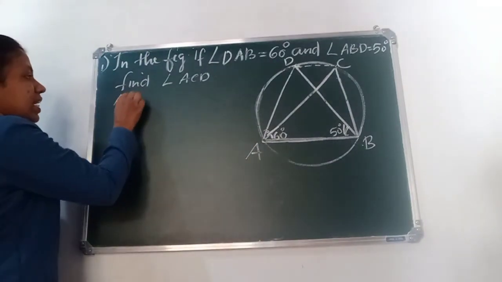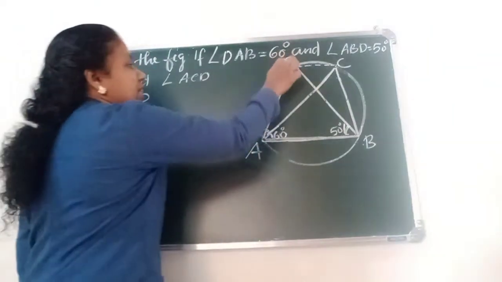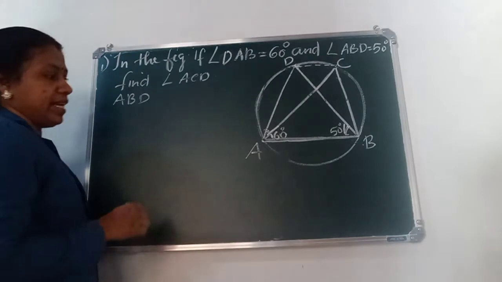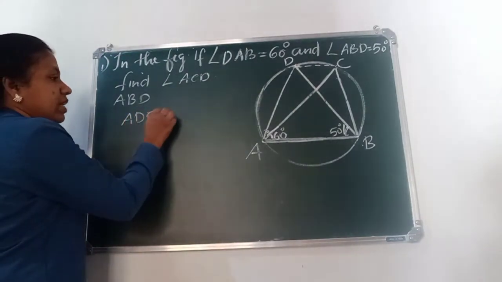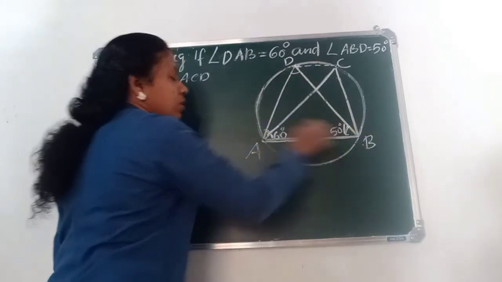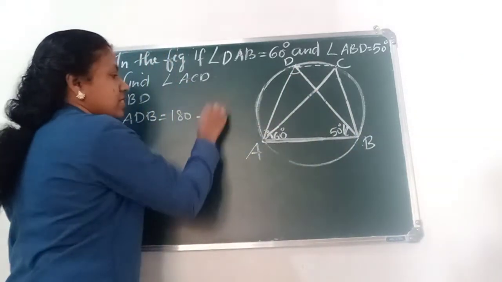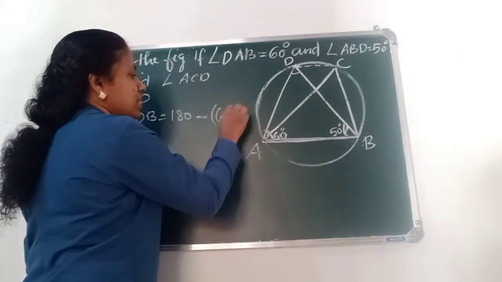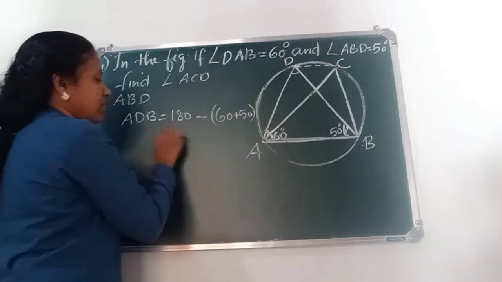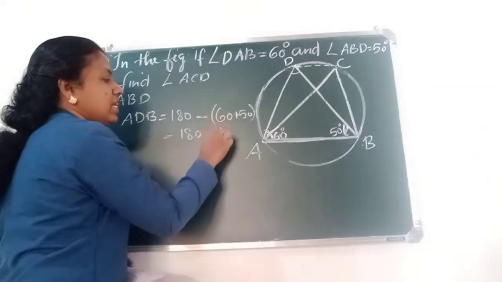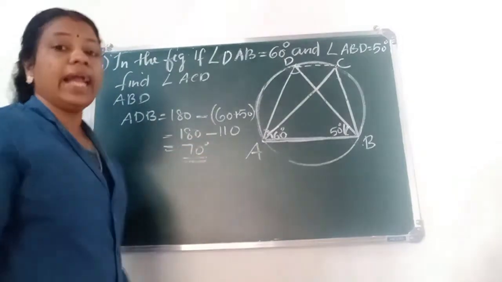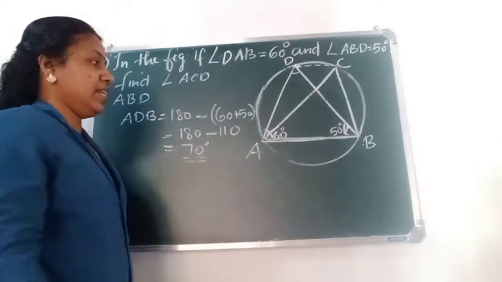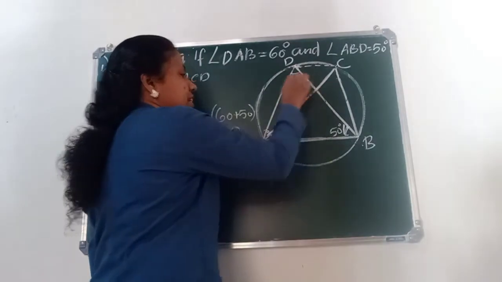In triangle ABD, find angle ADB. This angle equals 180 minus the sum of these two angles, 60 plus 50, which is 180 minus 110, equal to 70 degrees. So angle ADB equals 70 degrees.